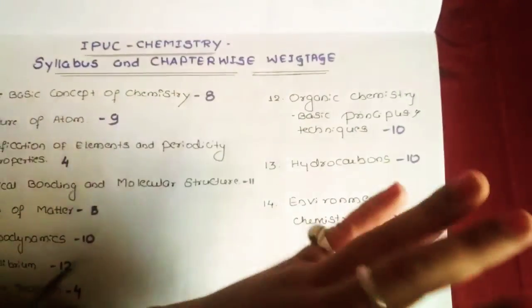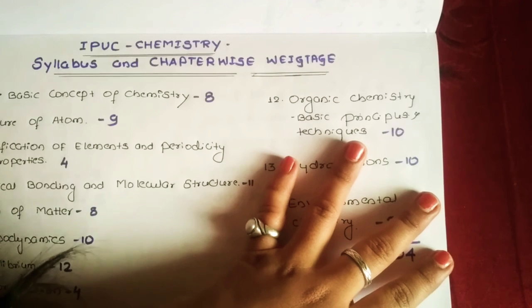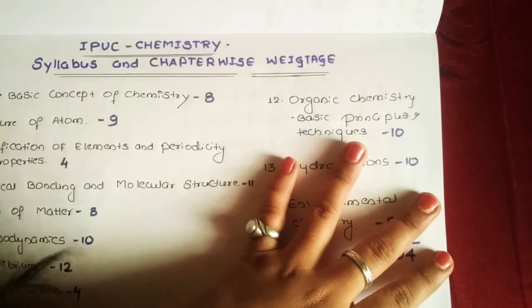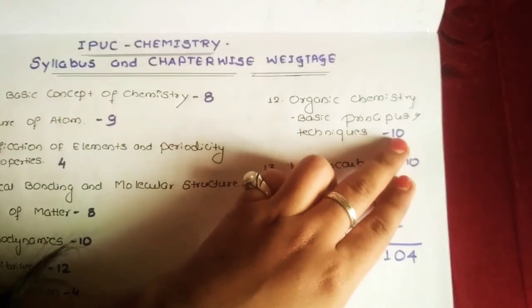And how we're going to do the qualitative analysis of a given compound, how you can find the presence of carbon and hydrogen by different methods. It's an important chapter again. The weightage is 10 marks.